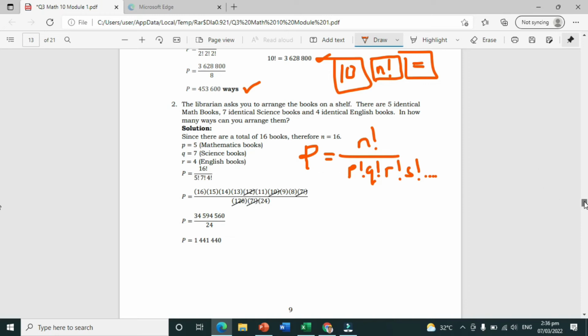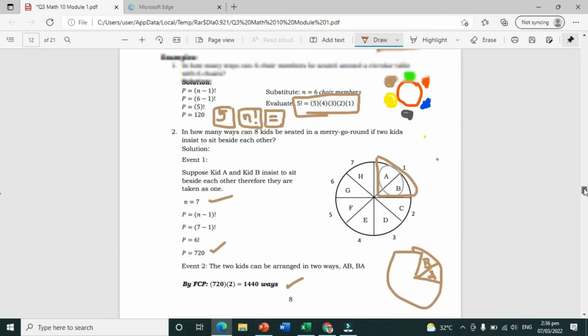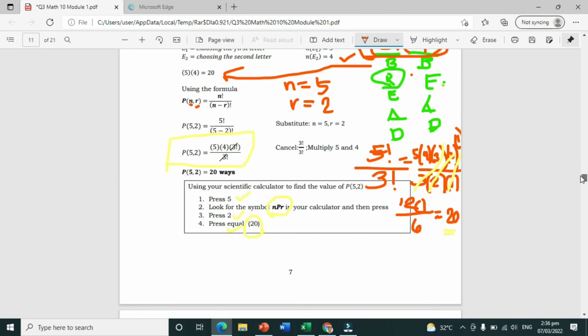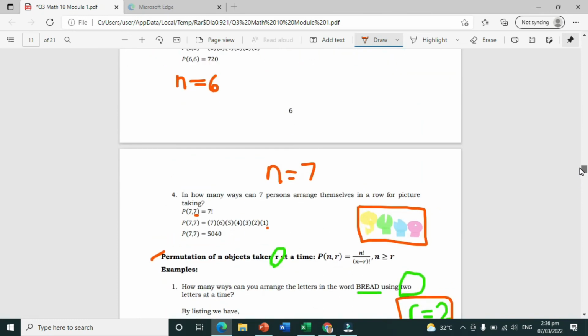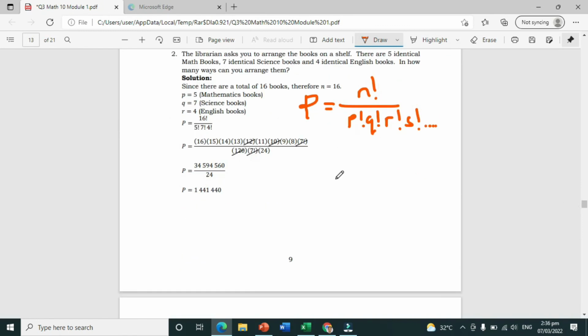Was it 720 earlier? 7 factorial. Ah, 5,040. Then, 4 factorial. 4 times 3 times 2 times 1. 4 times 3 is 12 times 2 is 24 times 1. So, 24. Okay.